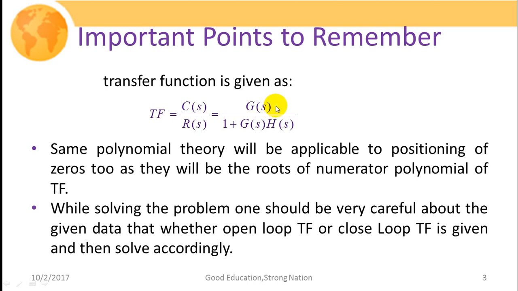So the number of sign changes in the Routh array of the numerator polynomial will give us the information about the number of zeros which possess positive real part and negative real part. While solving the problems, one should be very careful about the given data, whether the open loop transfer function is given or a closed loop transfer function is given, and we have to solve that question accordingly. So now we're going to take up the questions.